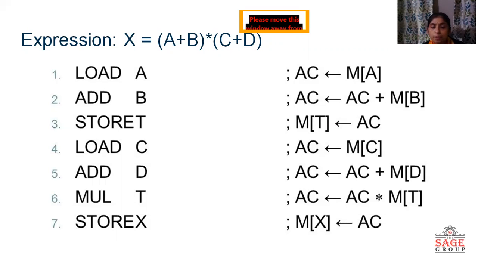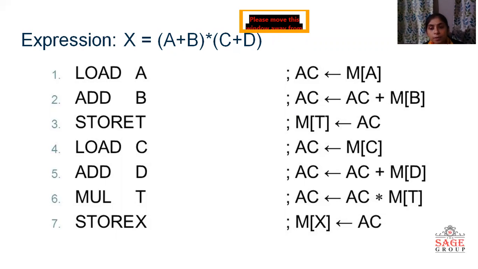STORE T, where T is a temporary register: all the accumulator data, meaning the addition result, will be transferred to the memory register T. T is a temporary register. Again, for the second expression, C plus D, an addition arithmetic operation, first we load the memory location C operand into the accumulator in the same way as previously done.